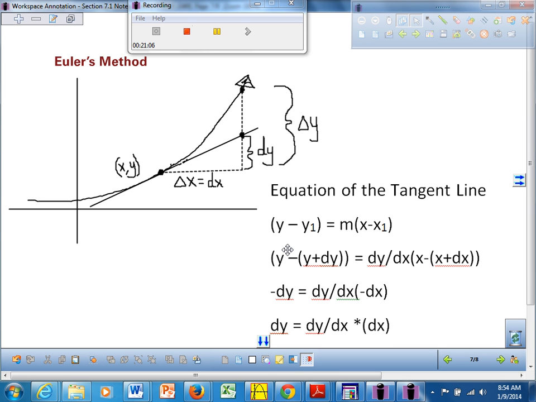Your book has a similar picture to this one, but there's a slight difference that I've seen in most of the calc books that I've taught, and I'd rather you think about it this way. It makes things easier later on. So we have a picture of a function, which I'll call f of x.